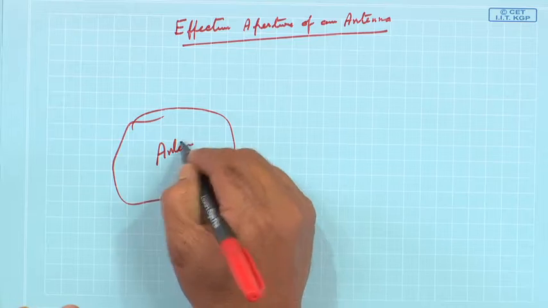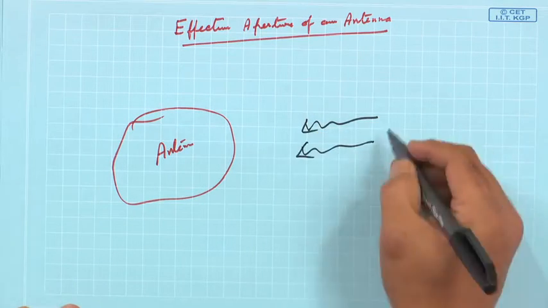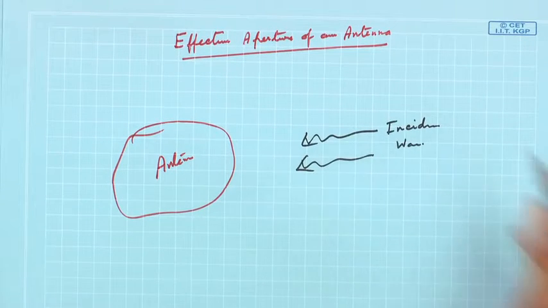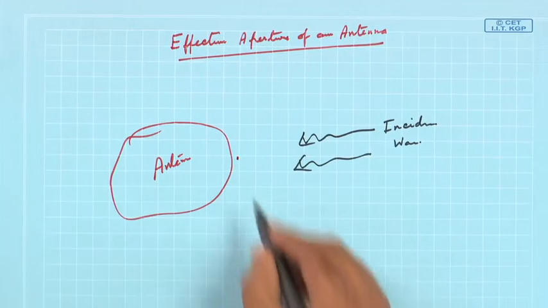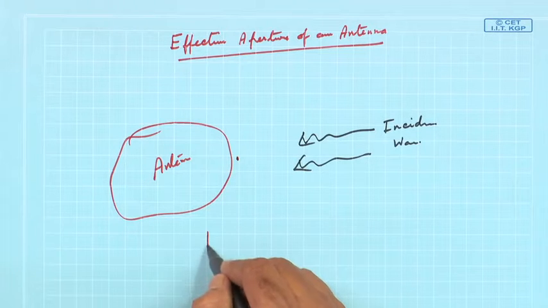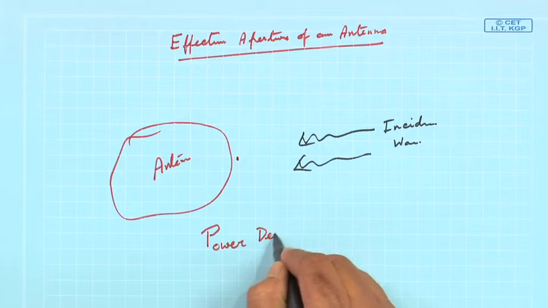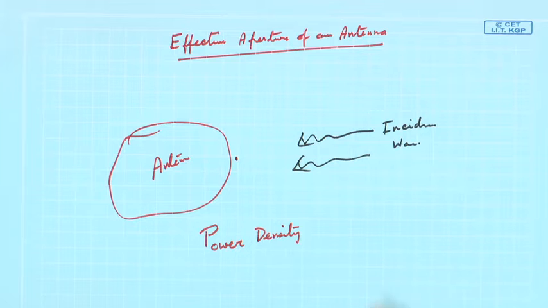effective area. So suppose I have an antenna and some electromagnetic wave, an incident wave, is coming. At this point I have some power density. This power density has unit watts per meter square.